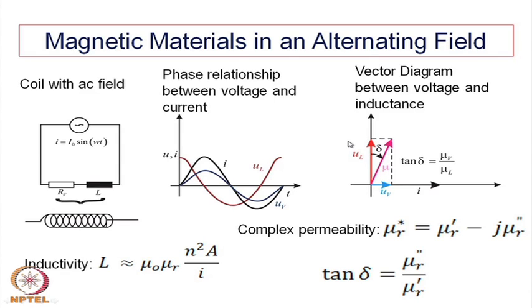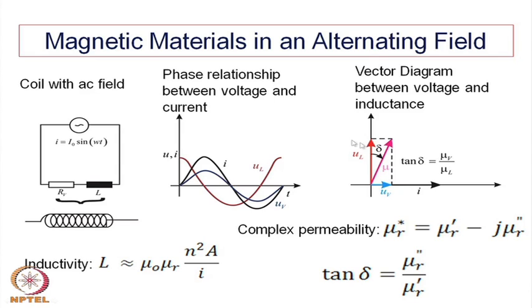Here the only thing is the inductance you get is actually 90 degrees behind. Earlier, in the dielectric case, the capacitance or the current was leading the voltage by 90 degrees. In an inductor it is just the reverse: the current is lagging the voltage by 90 degrees, but otherwise more or less similar phenomena happen.